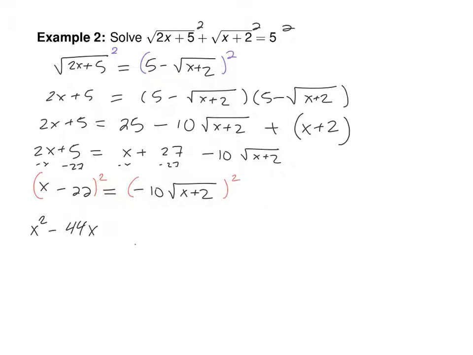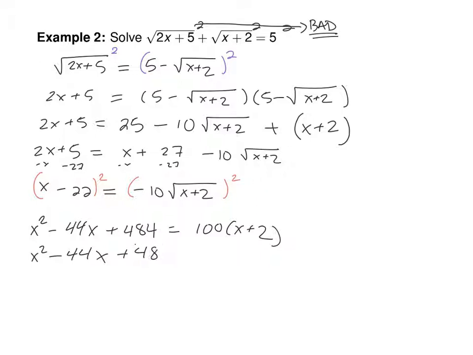I don't have 22 squared memorized, but my notes say it's 484. Equals 100 times the quantity x plus 2.